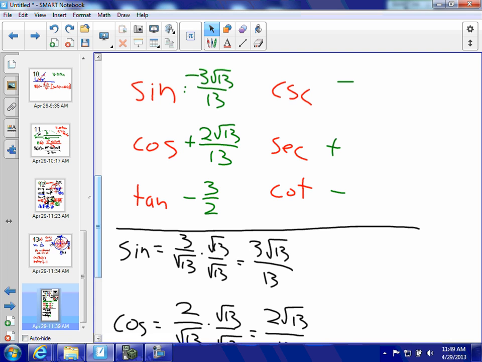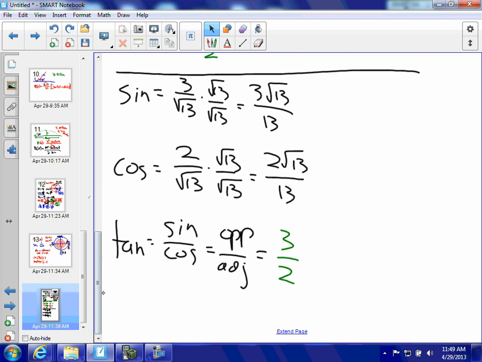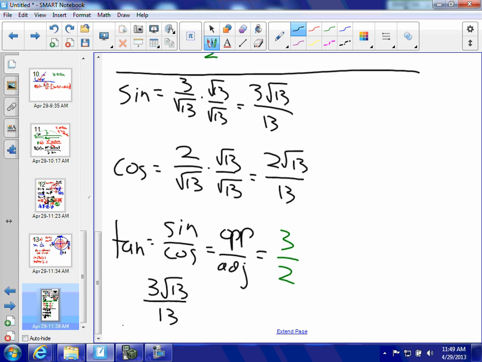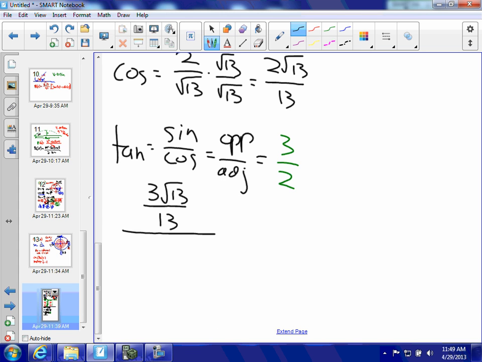And if I did it as sine over cosine, I would have had 3 radical 13 over 13 divided by 2 radical 13 over 13.